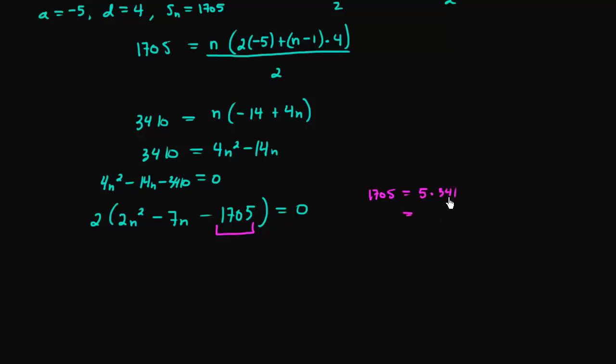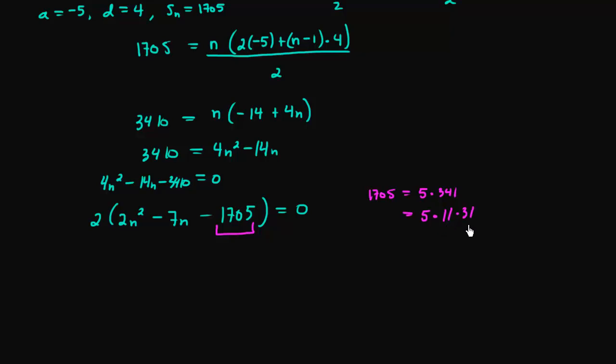And let's see here. 341, is it divisible by 3? It's not, but it's divisible by 11. So 1,705 is equal to 5 times 11 times 31.